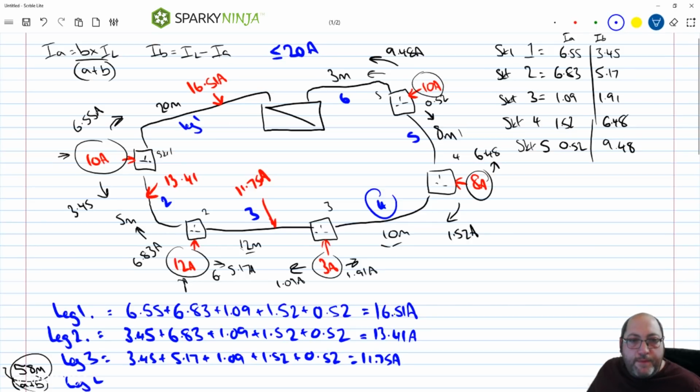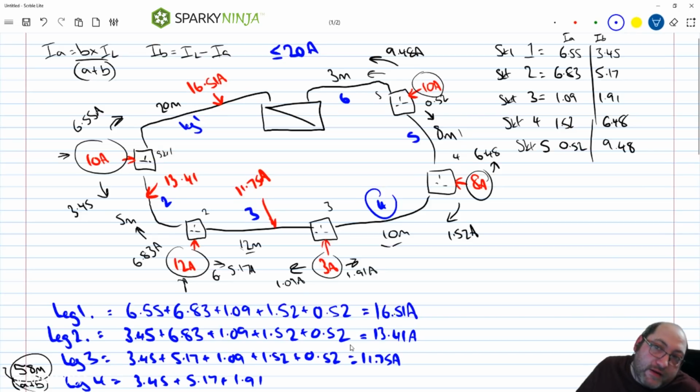Squeeze this in the bottom here. Now leg 4, calculate out of the way, is going to have the IB of this socket pulling that way, the IB of this, and the IB of socket 3, the IAs of 4 and 5. So it's going to be 3.45 plus 5.17 plus 1.91, because I'm moving over now to the IB column.